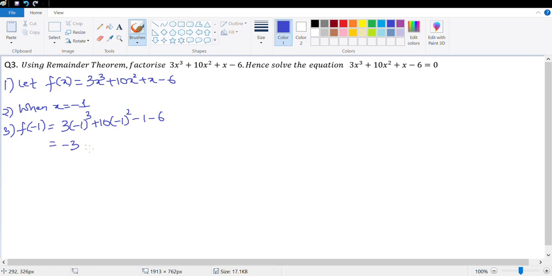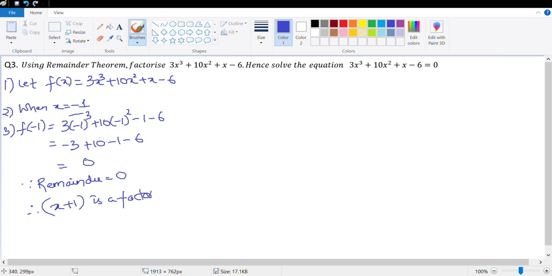This is negative 3 plus 10 minus 1 minus 6. That's negative 4, negative 10 plus 10, 0. Since the remainder is equal to 0, therefore x plus 1 is a factor. Yes, x is equal to minus 1, which means x plus 1 is a factor.